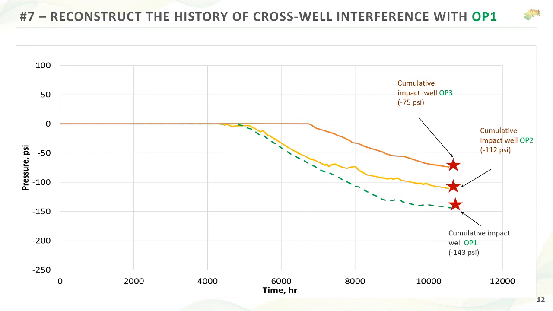And then another thing we can get is the decomposition of the pressure impact. Our well is no doubt under impact of surrounding wells, but now we can quantify the impact of every well. On this plot we see the impact of producers number 2 and 3, but we don't see any impact from producers number 4 and 5.